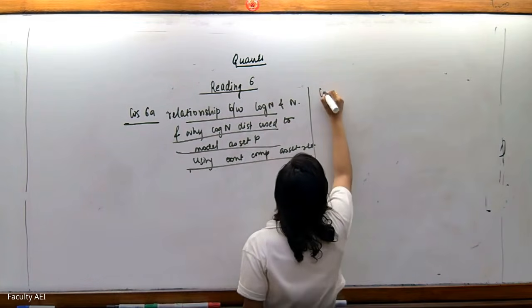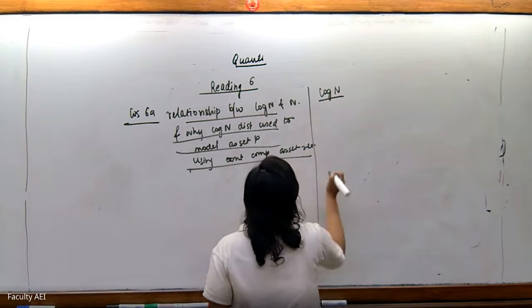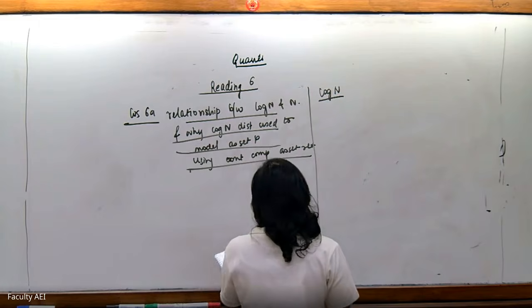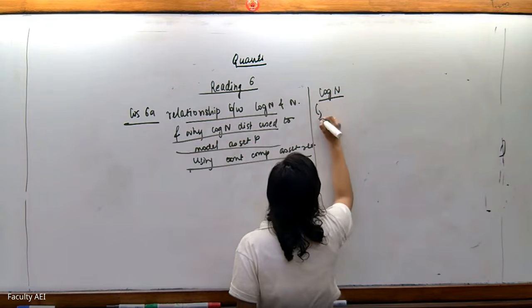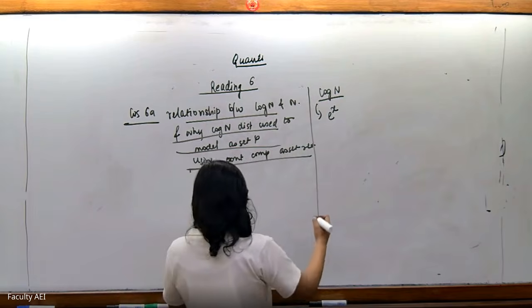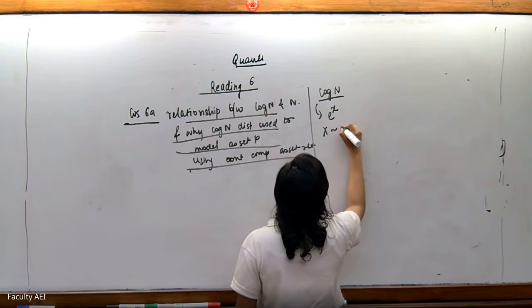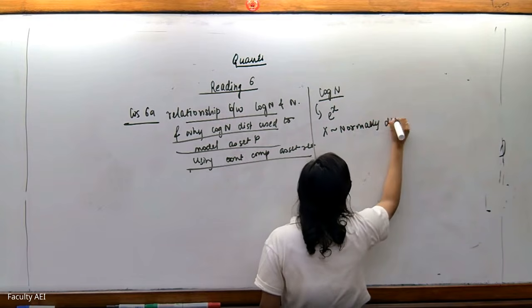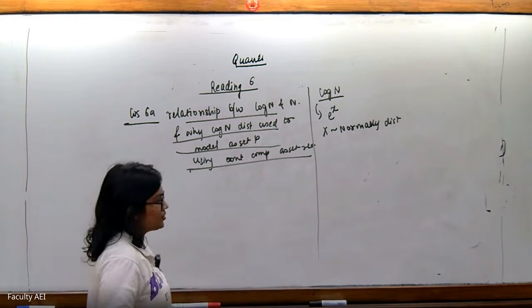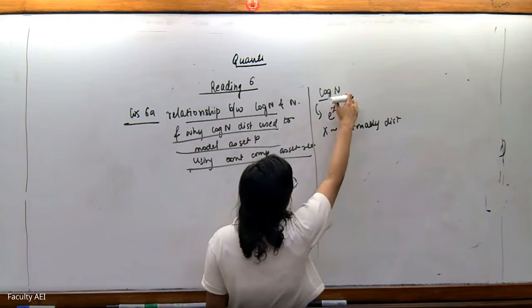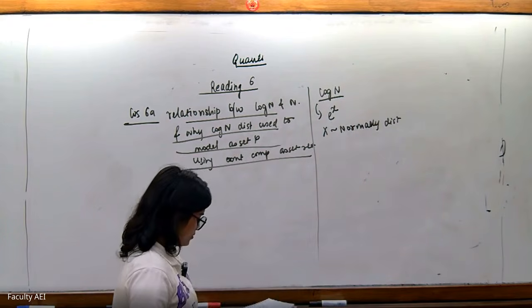So what is log normal distribution? You generate it with the function e to the power x, where x is normally distributed. So if you have a distribution x, and if you take the exponential of that, you get your log normal distribution.